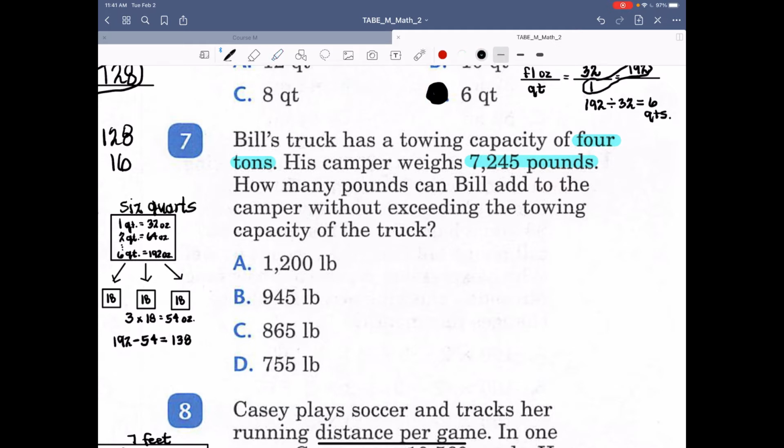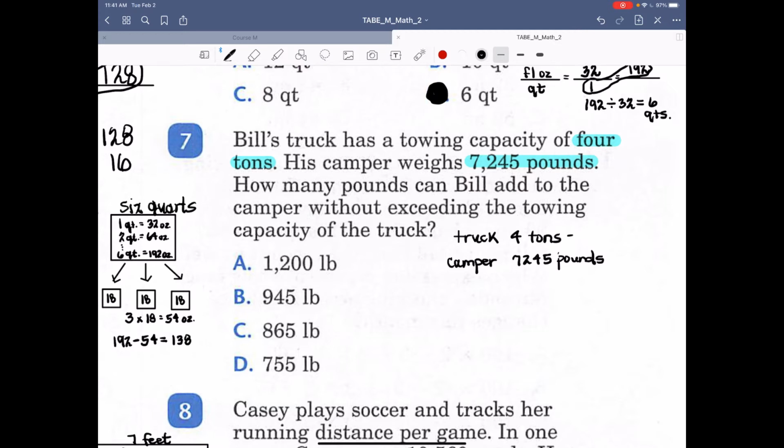So we have a truck that can handle 4 tons. And we have a camper that weighs 7,245 pounds. And when I look at my answer choices, they are in pounds. So I'm going to convert everything to pounds.